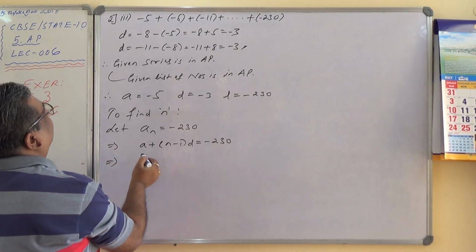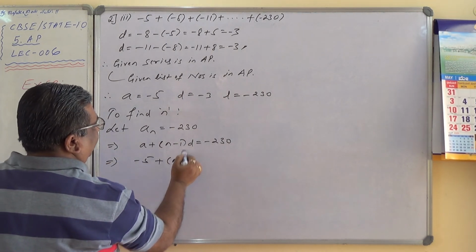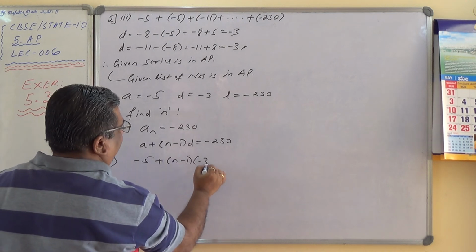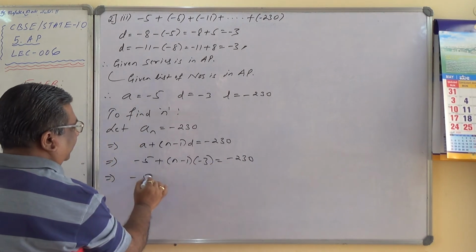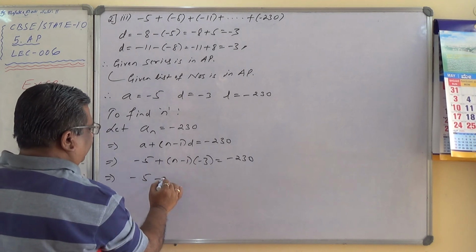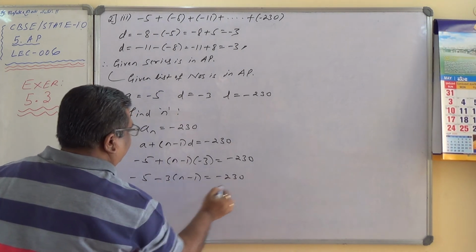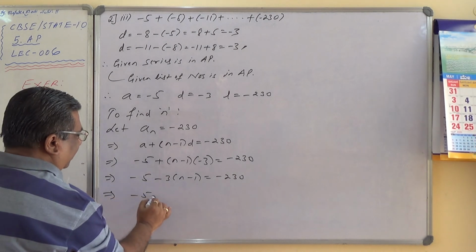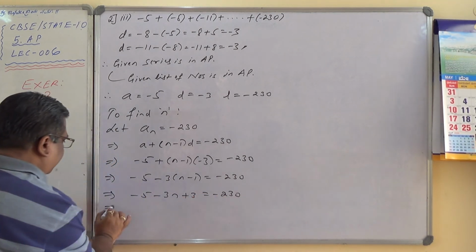What is a here? Minus 5 plus n minus 1 times d, which is minus 3, equals minus 230. I'll take this side: minus 5 minus 3 times n minus 1 equals minus 230, so minus 5 minus 3n plus 3 equals minus 230.